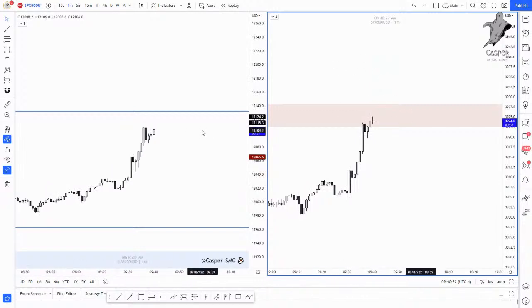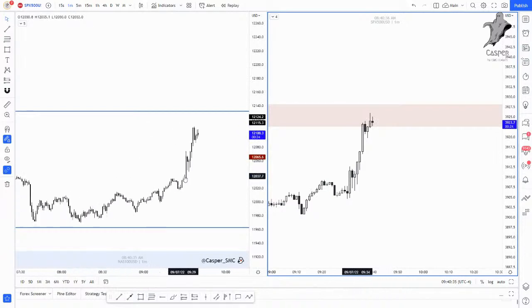I don't necessarily require a 3 drive. That's ideally what I'd like to see, but I just need that clear displacement break of structure to the downside. The S&P is moving a little tighter here. NASDAQ's, I mean, that's kind of how usually things go.